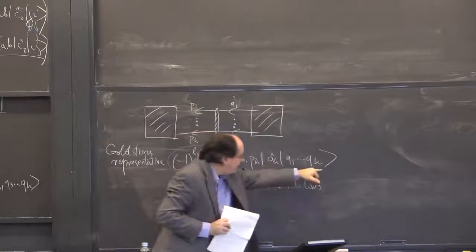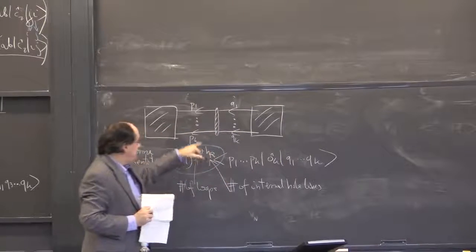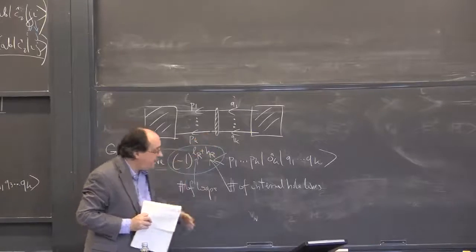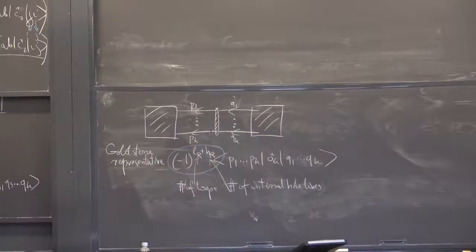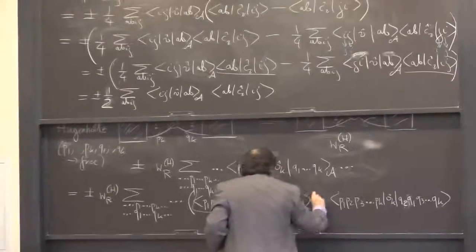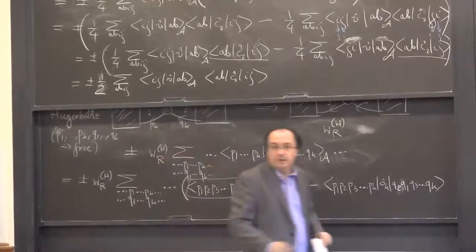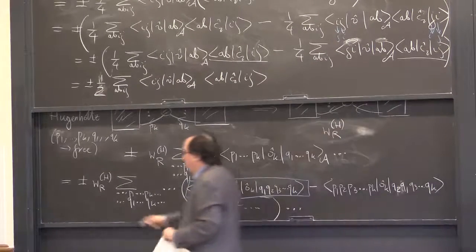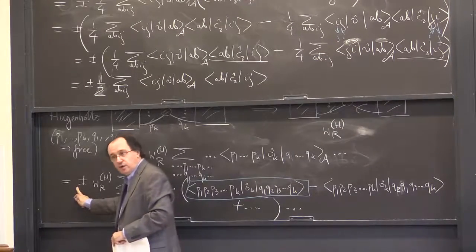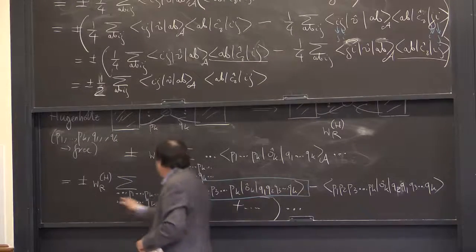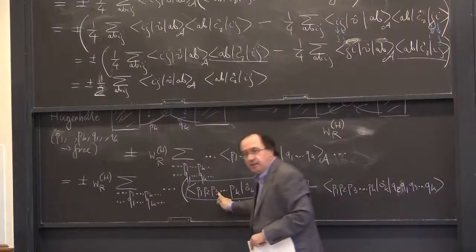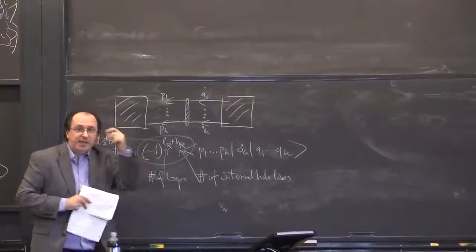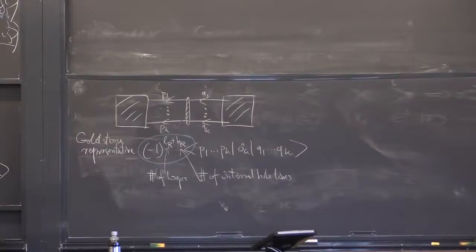You can say that the sign of this matrix element is (-1) to the L plus H read from this Goldstone. But it so happens that this is exactly the sign of this expression, at the leading term. In other words, you can say that the sign of the entire expression, that you don't know yet, is really the sign of this term. But the sign of this term, you can read from this Goldstone. So by picking up one Goldstone, you know what the sign is.